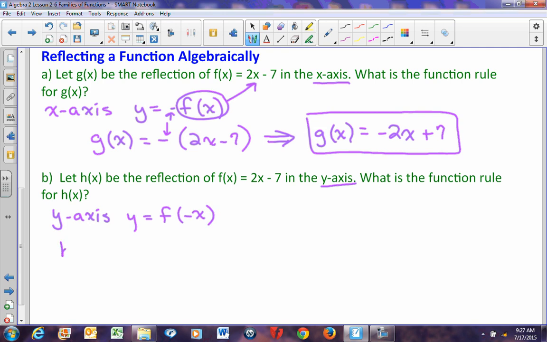So in my function, h of x would equal 2 times negative x minus 7. So h of x then equals negative 2x minus 7.